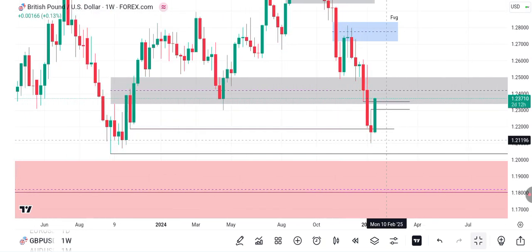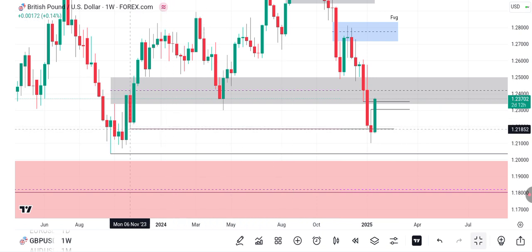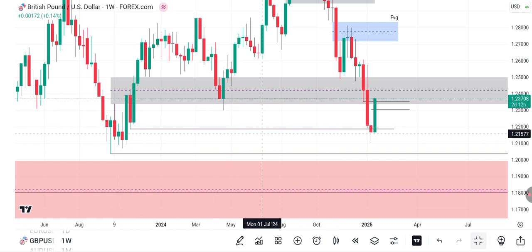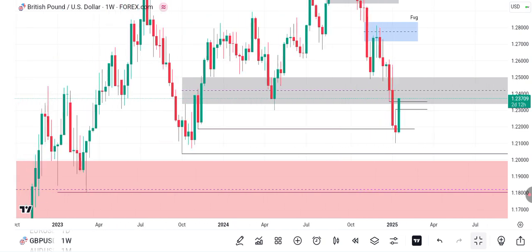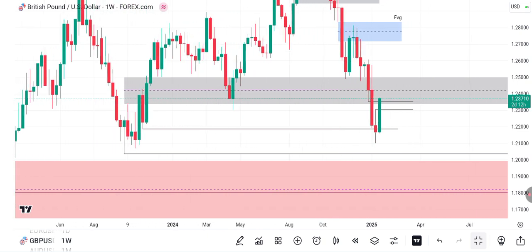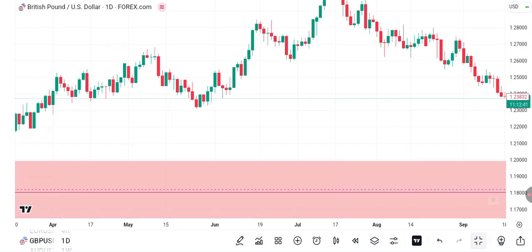I saw price entered into this 1 week old low, and then what next can you see? We can see that price rejects higher. So let's go on to the daily time frame.